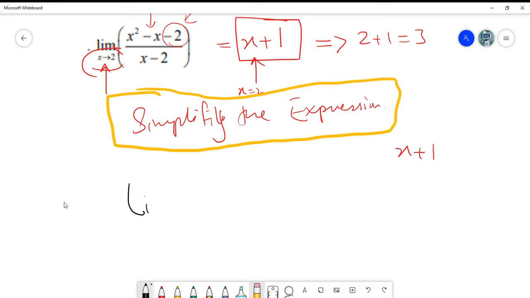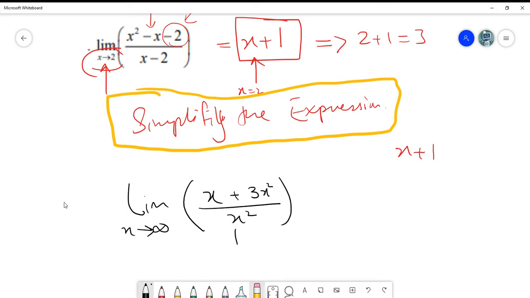For instance, let's look at the limit over here. For example, we have (x plus 3x squared) over x squared. Now we have to find the limit of this expression as x approaches infinity. If we simply plug in infinity for x, we'll end up with something like infinity over infinity, something that makes no sense for now.